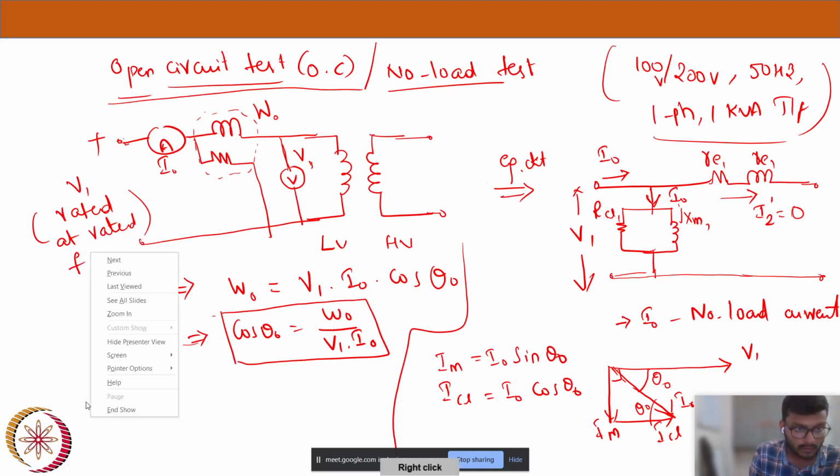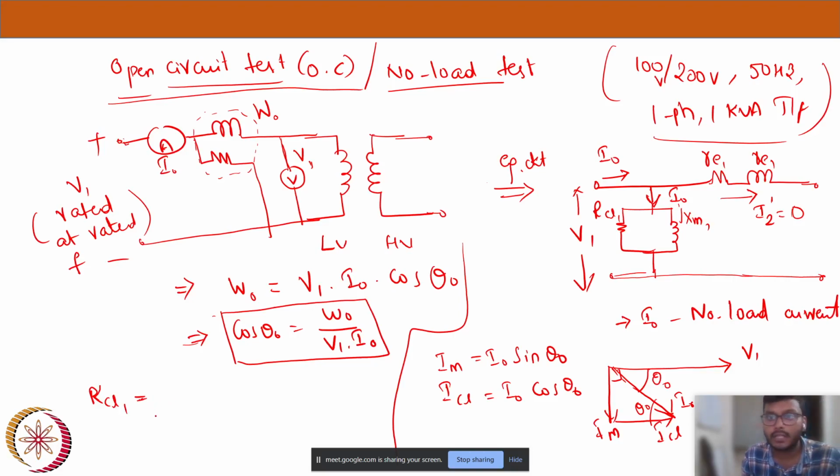RCL is V1 by ICL1, where ICL1 is the current flowing through RCL, and XM1 is V1 by IM1.